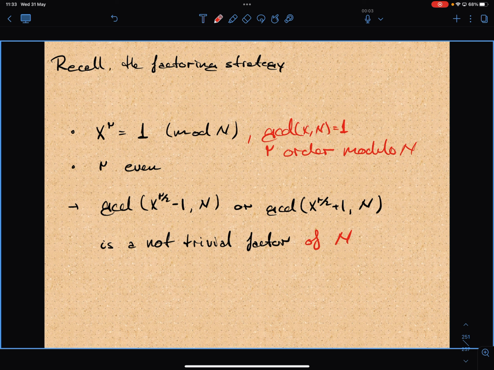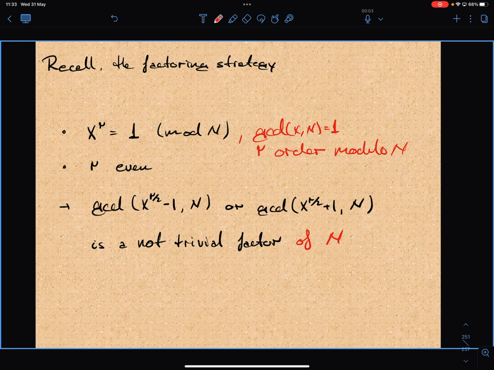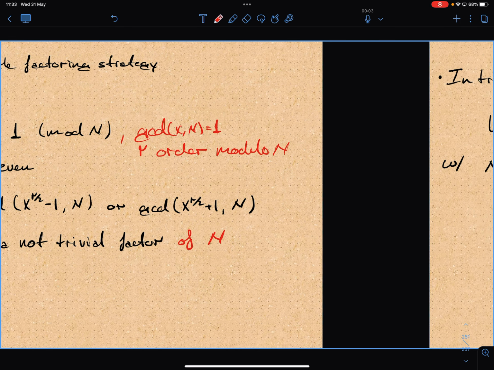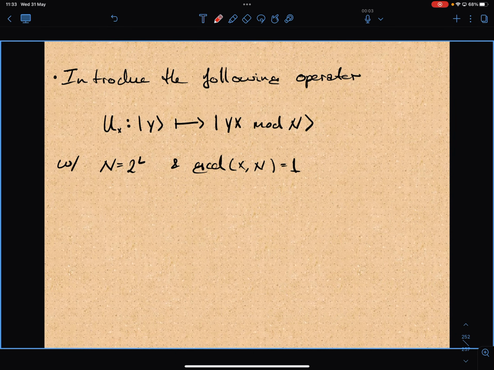And the way that it's going to work out is that r is going to pop out of a unitary operator as a phase of the unitary operator. And we're going to use the phase estimation to approximate it. And then we're not going to measure it 100% accurately. So we're going to need to figure out another way to, given an approximate value of r, find what r is. So that's going to get a little bit tricky, but first we need the operator that's going to give us the r.